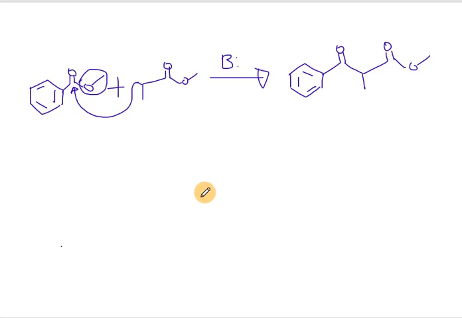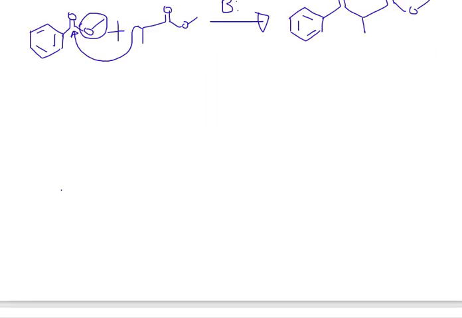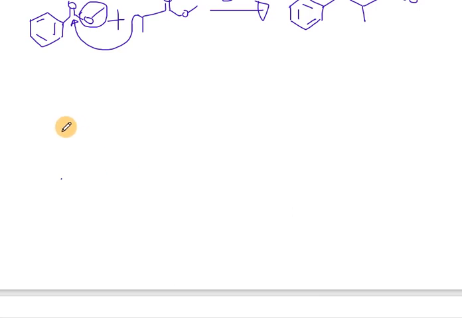So let's apply this knowledge once again and predict the product for this reaction. So we're going to use the same starting material. So let's say you have this starting material plus acetone.